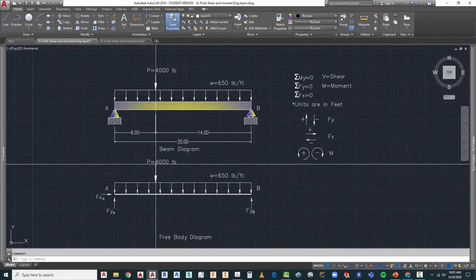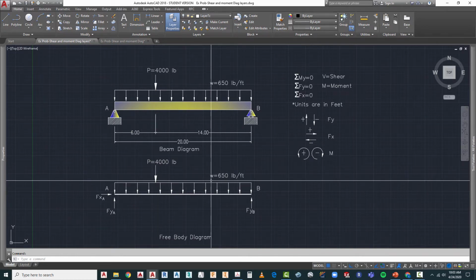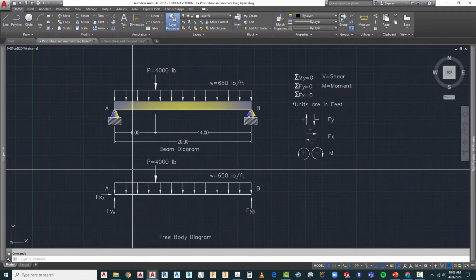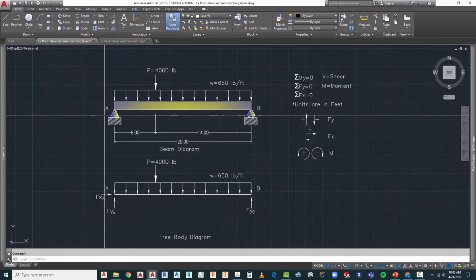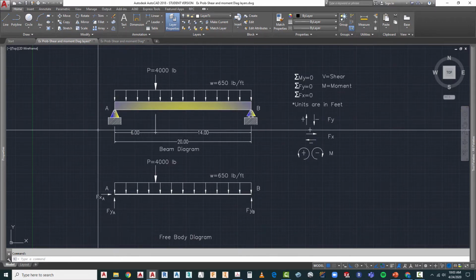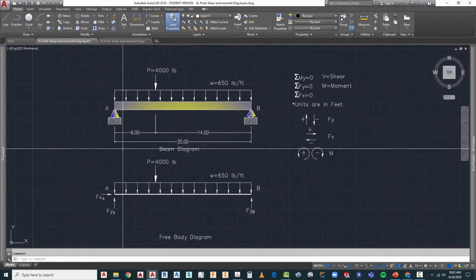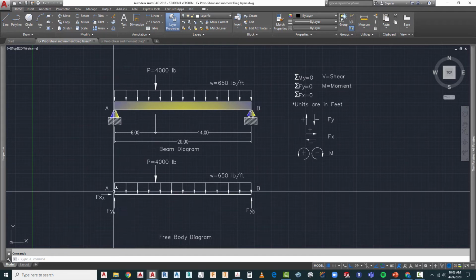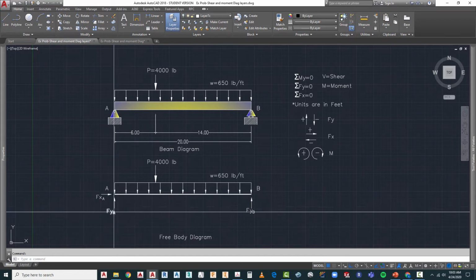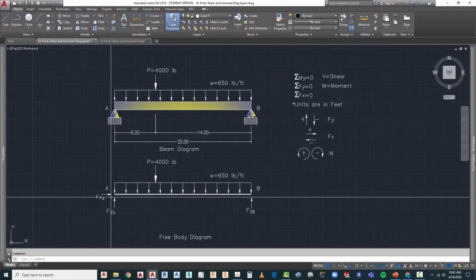As you can see, we've got our concentrated load and our distributed load indicated the same way. But instead of these symbols that we have here for our supports and our connections, we are then representing them as both a vertical force and a horizontal force.